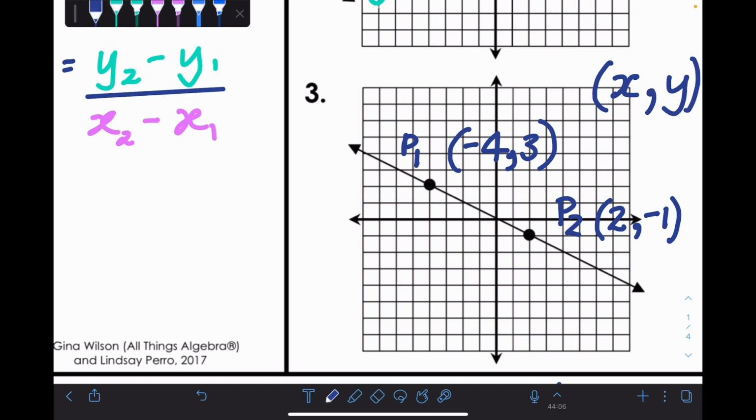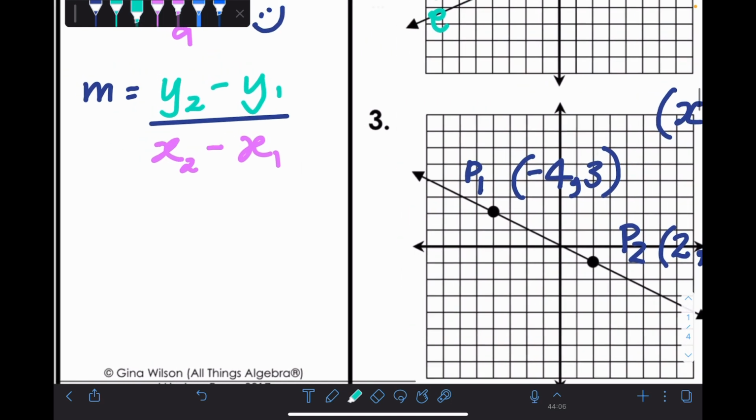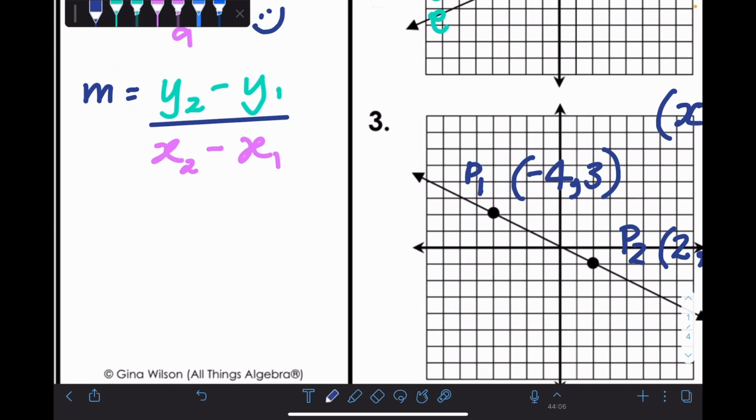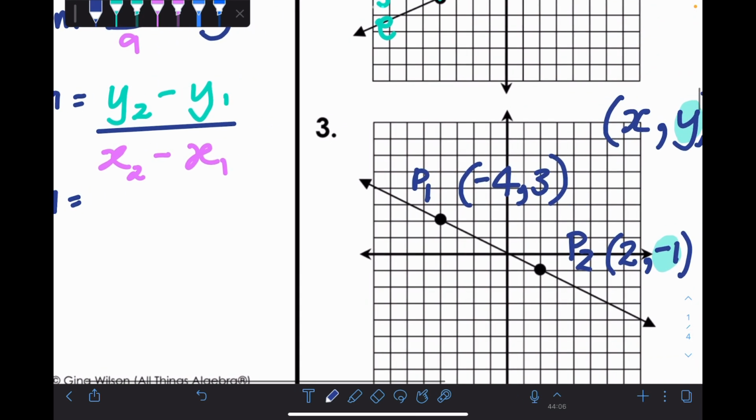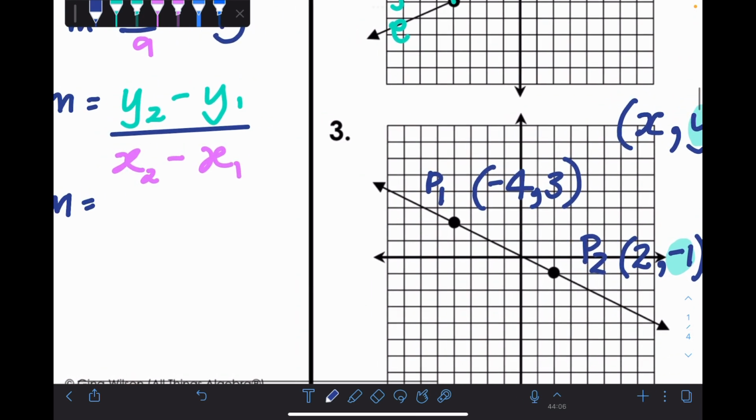So if this is our x, this will be our y. This is always my y on this other part. So that's my second part. And then, so I can write that down. M is equal to y2, which we just said was -1, -1.